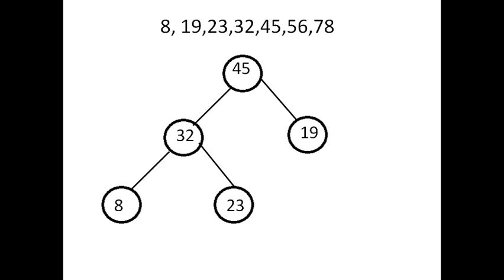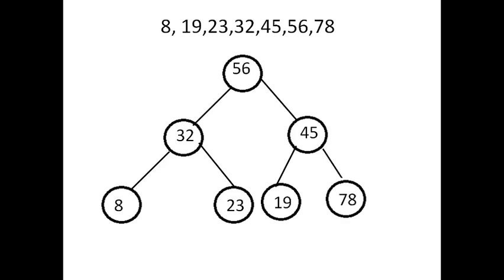You know what will happen? 45 is gradually moved up till it reaches the root. So 56 is also properly positioned, and finally 78 is also taken care of. So finally we have constructed a heap tree by following the reheap up algorithm.